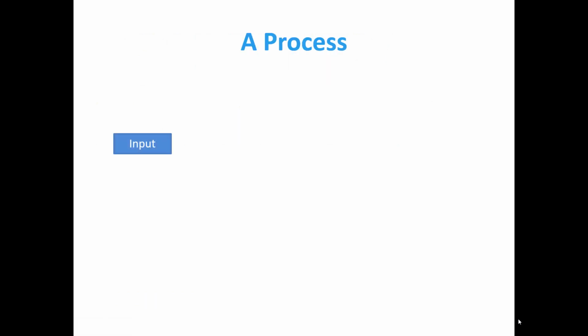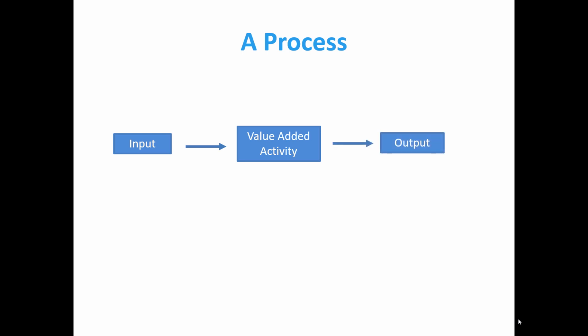So a process, well, what is it? You have an input, then you do something to it, a value added activity, and then you have an output. For example, in our own homes, if we're filling our dishwasher, our process would be filling up the dishwasher.